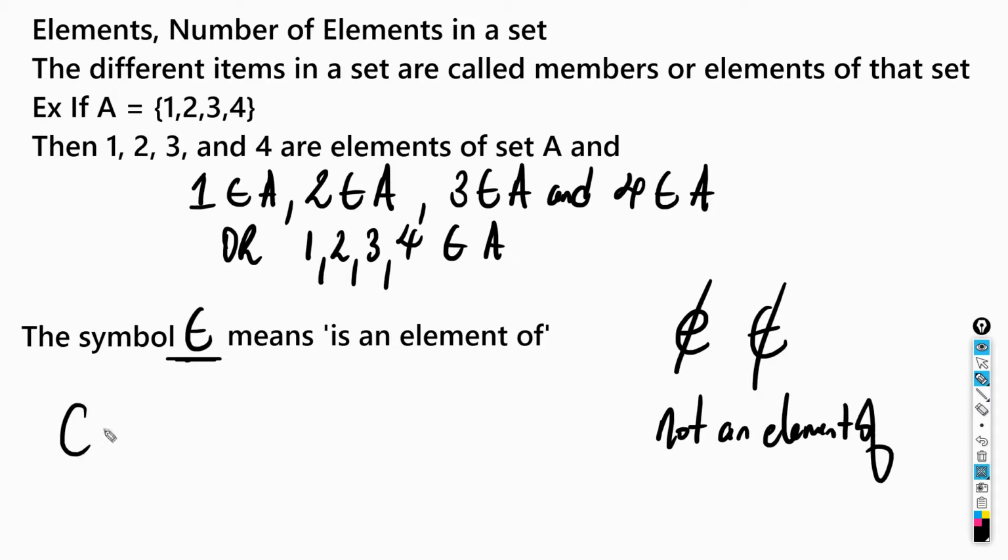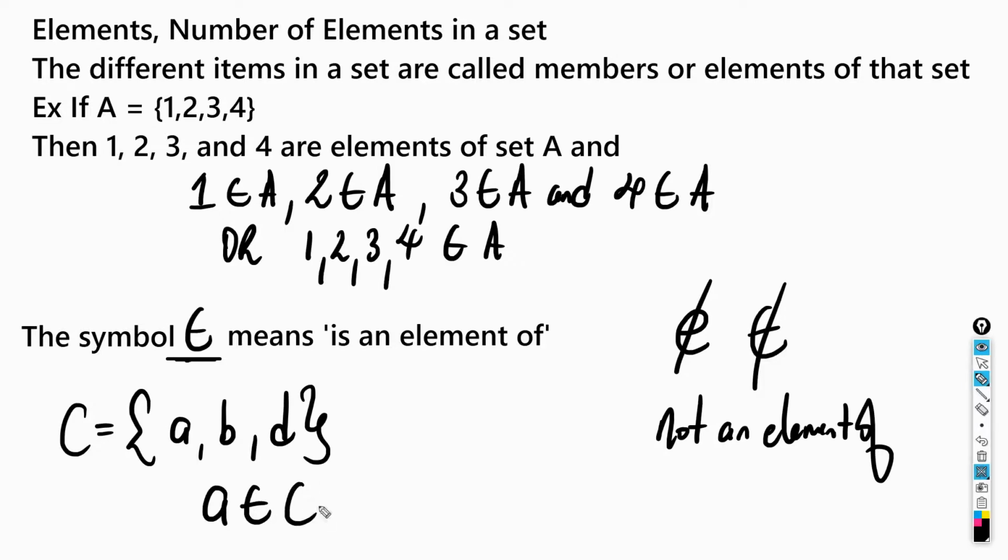Let's say we have a set C, and C is equal to {A, B, D}. So we can say that A is an element of C, but C is not an element of C. These notations are really important to know. You have to know that this means an element of, and this means not an element of.